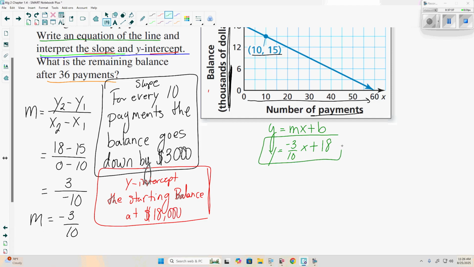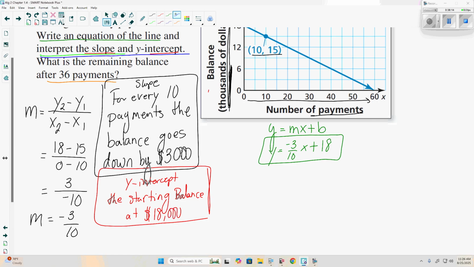So the equation of the line is y equals negative 3 over 10 x plus 18. b is our y-intercept. Actually, we do have time. So, questions on how we found the equation of the line, the slope, interpreting the slope, interpreting the y-intercept?